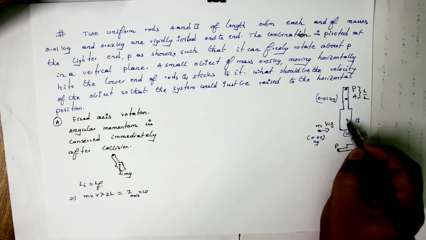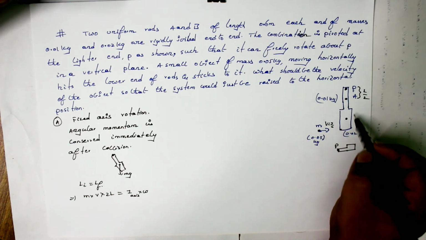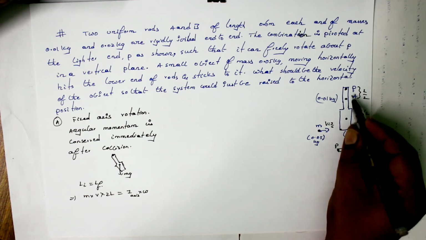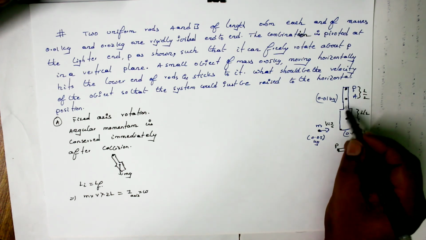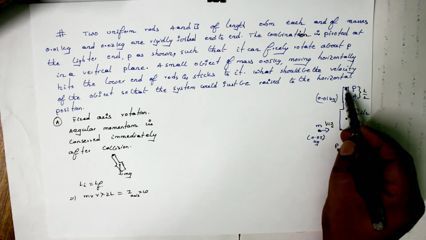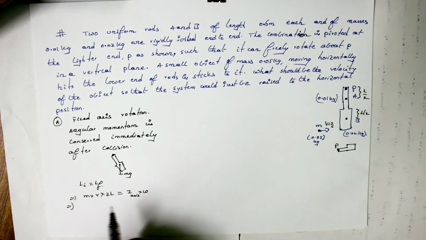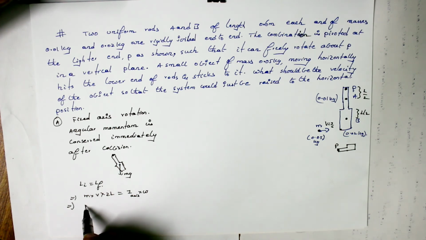For the second rod, its center of mass is present at a distance of L by 2 plus L, which is equal to 3L by 2. So this distance is L by 2 and this distance is L, so the total distance becomes 3L by 2. So three masses will have angular momentum about this axis of rotation. Therefore, if I write the moment of inertia of all these bodies, this is how I can write it.